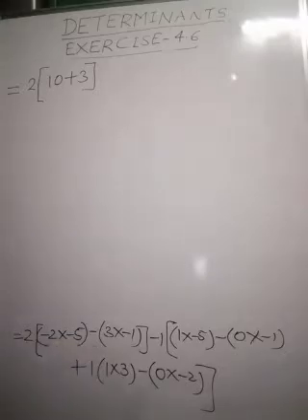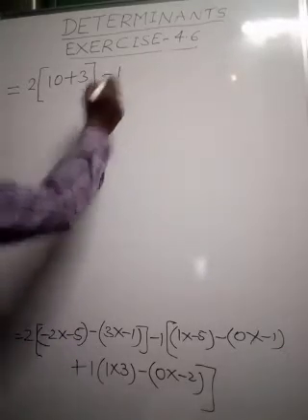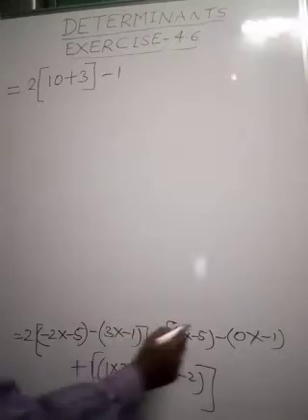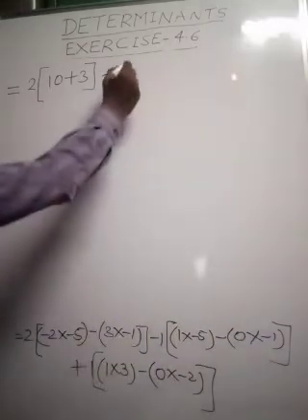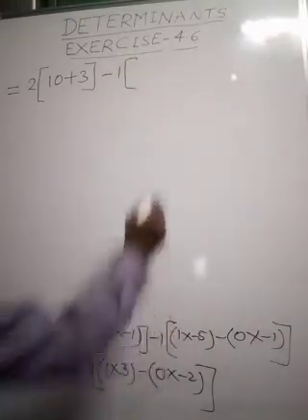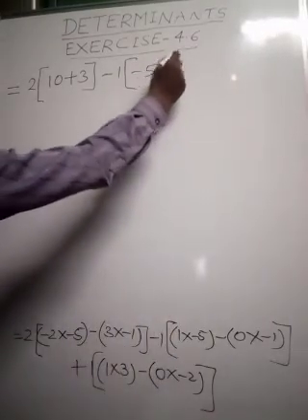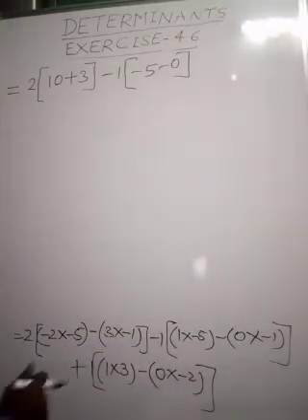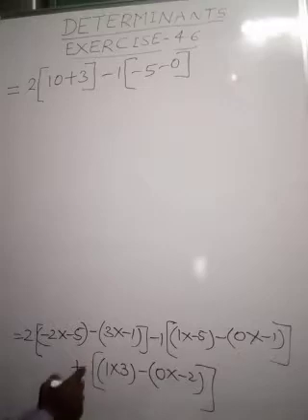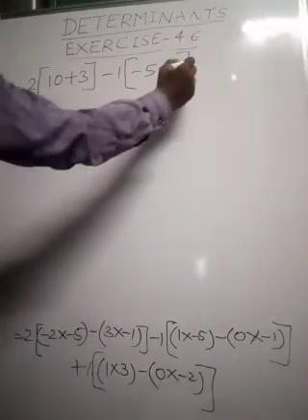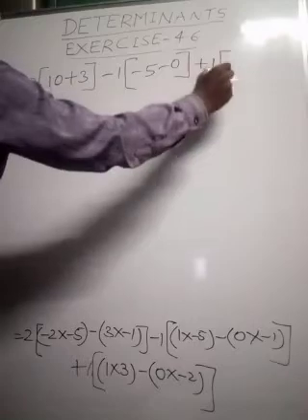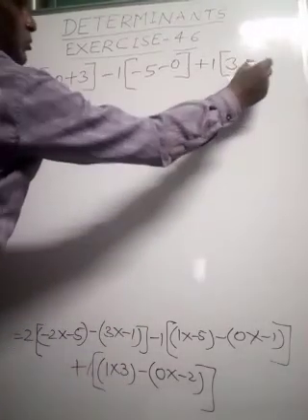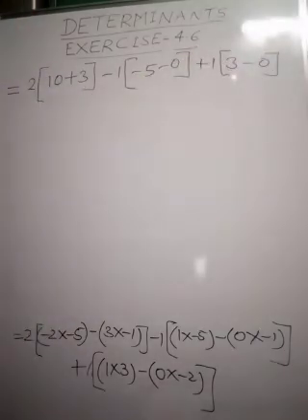Minus 1 into, what will you get in these brackets? 1 into minus 5 minus 0, 0 into minus 1 you get 0. Plus 1 into, what will you get in the brackets? 3 minus 0. Understood this step, my dear children?